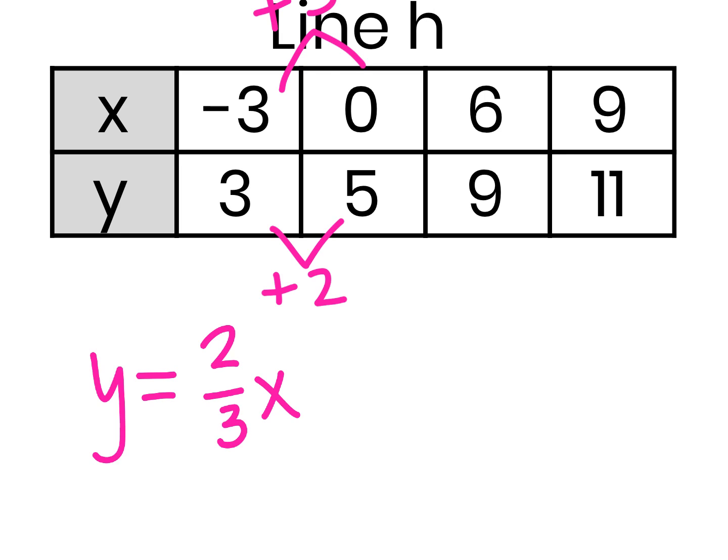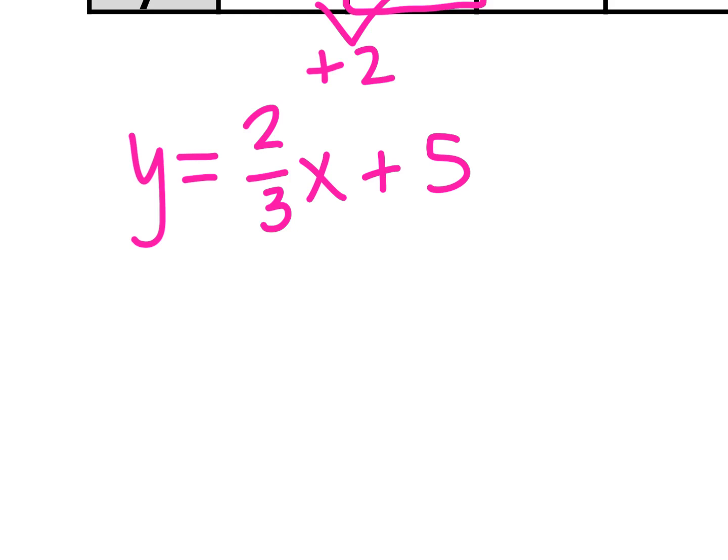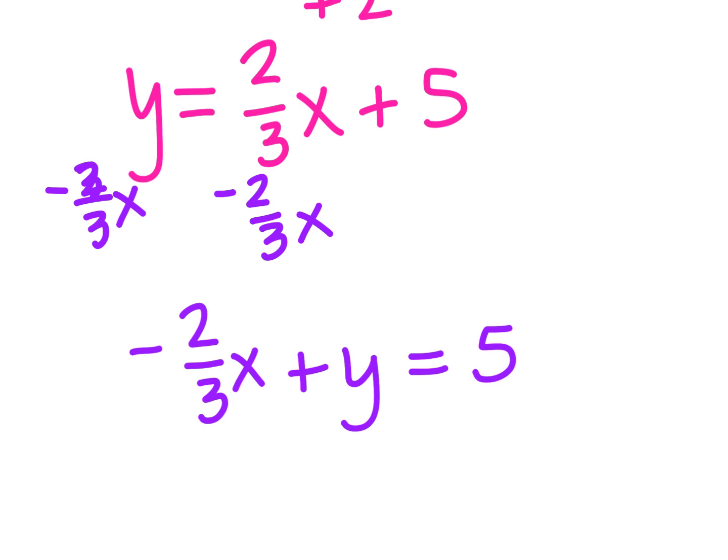Now I need my y-intercept, and it's the number next to the 0, so plus 5. I want x and y to be on the same side of the equal sign, so since this is positive, I'm going to subtract 2 over 3x. Now that gives me negative 2 over 3x, positive y equals 5.